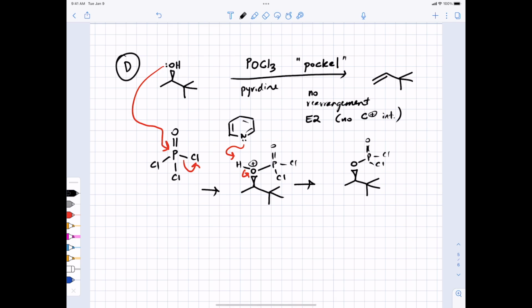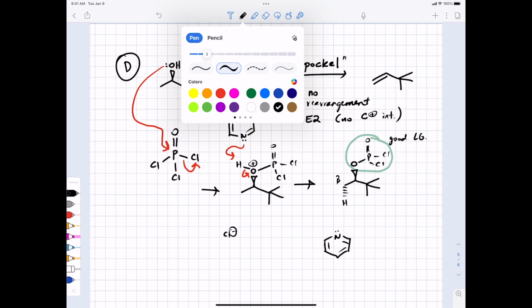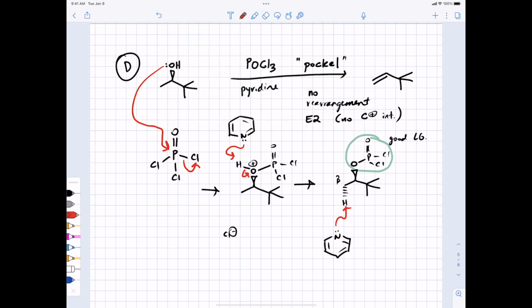This is now, again, we've done something to convert the OH into a good leaving group. We had Cl- leave. Again, why doesn't that come in and do substitution chemistry? No idea. What instead happens is you find a proton beta to the leaving group, and you use a second molecule of pyridine to remove the proton and do the E2 style elimination chemistry.